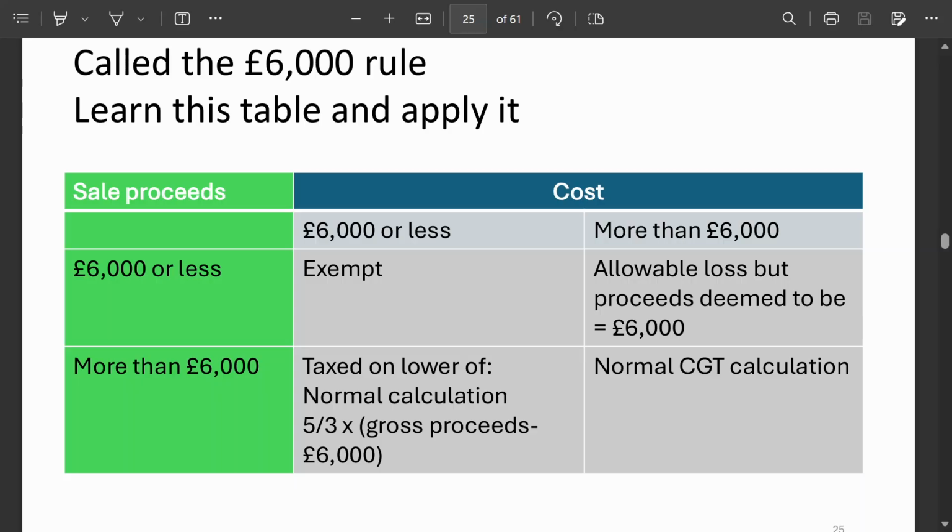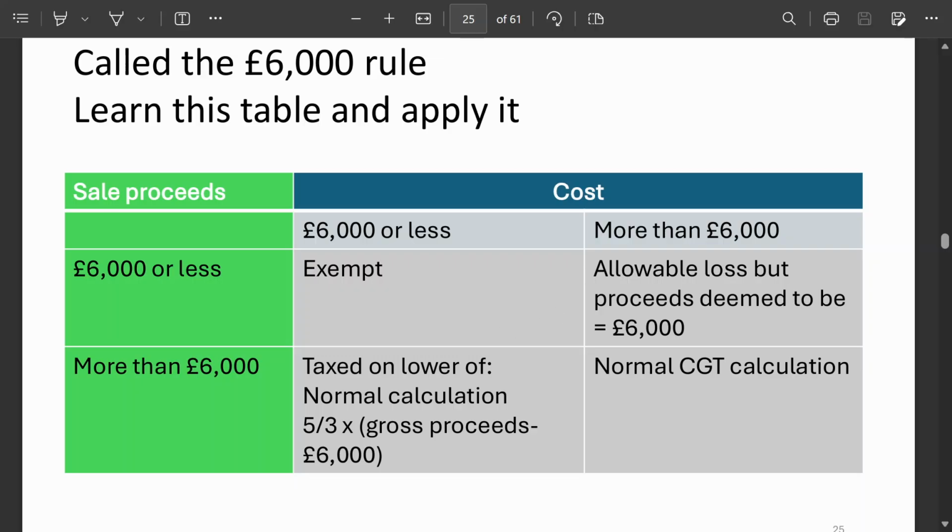And this other one, here the notation is not clear. It's taxed on the lower of A, the normal calculation of CGT, and B, this expression. So you first do A and then you do B, and the chargeable gain will be the lower of the two.